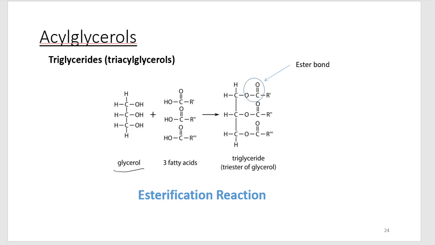It has 3 hydroxyl groups. Three fatty acids are esterified onto glycerol. They can be the same fatty acids or different fatty acids. Then triglycerides are formed. As the name says, they are 3 esters of glycerol.